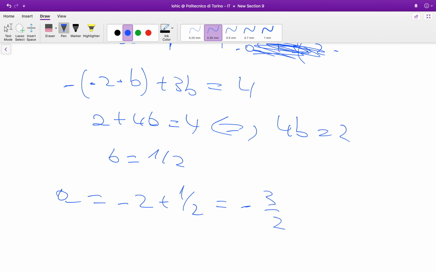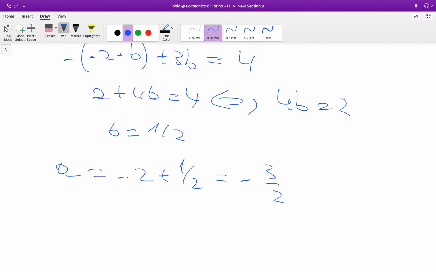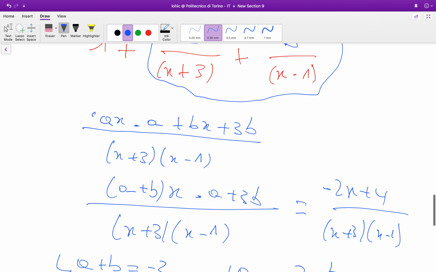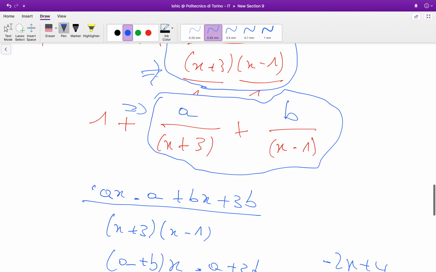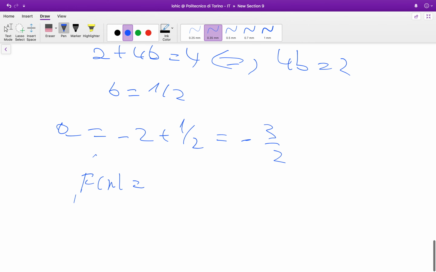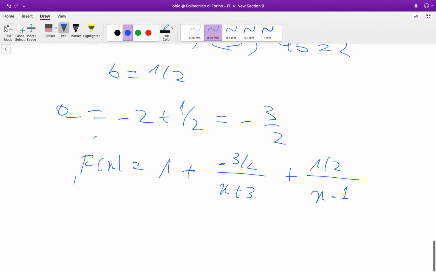Okay, so we got a and b, so we can now go back and say f of x equals 1, then plus minus 3 half over x plus 3, yes or not, plus half over x minus 1. Now you have done, because this function is very easy to integrate.